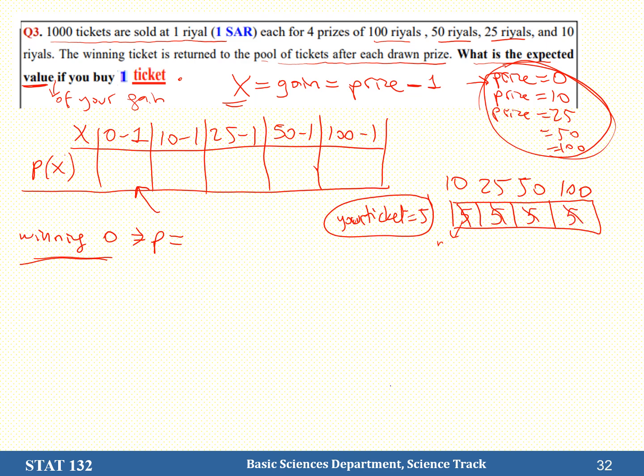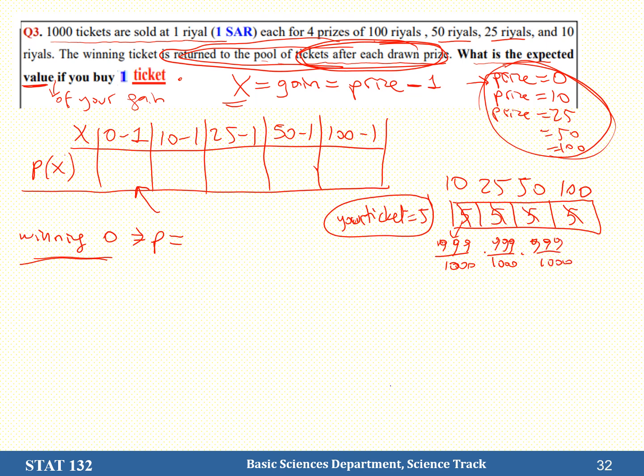They're all independent events because there's replacement here. The tickets are returned to the pool after each draw, so they're all independent. Not getting that 5 is 999 over 1000. Since they're all independent, we find the probabilities and multiply them all.